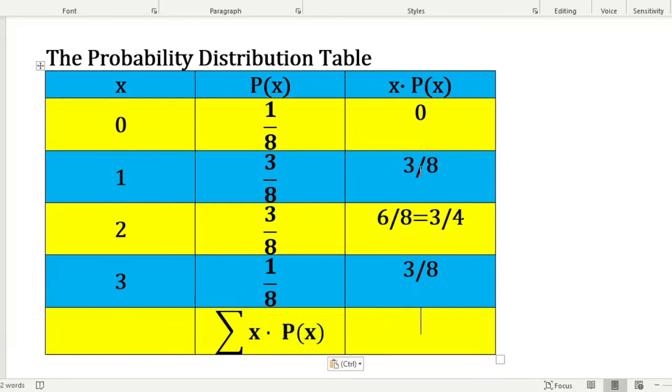We have 0 plus 3/8 plus 6/8 is 9/8 plus 3/8. We have 12/8.